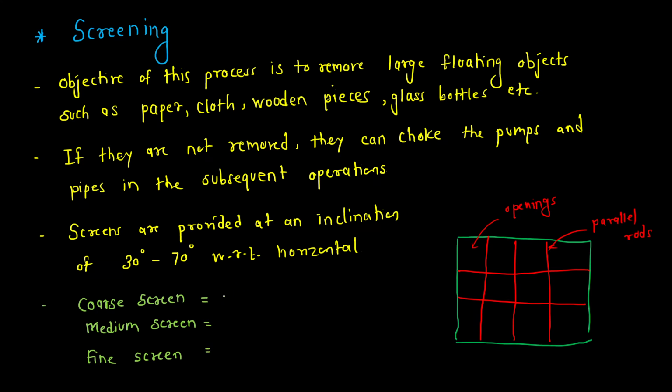The opening size in the coarse screen is greater than 50 mm, in medium screen it is 6 to 40 mm, and in fine screen it is less than 6 mm. So based on the size of openings, screens are classified into these three categories.